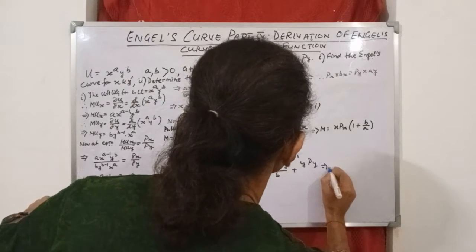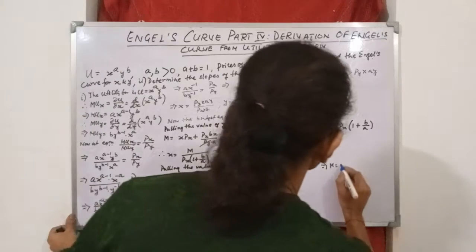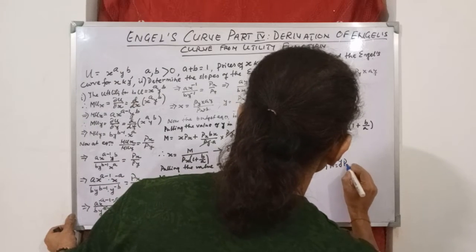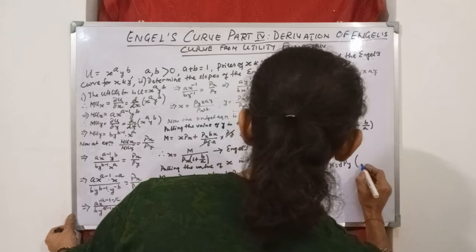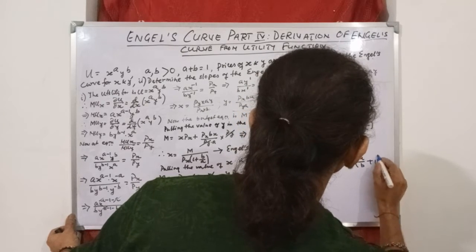Therefore m equals, we take ypy as common, so m equals ypy within bracket a by b plus 1.